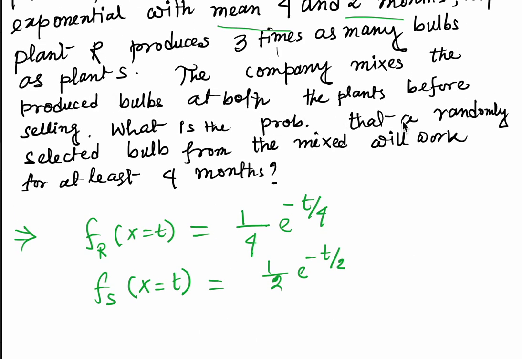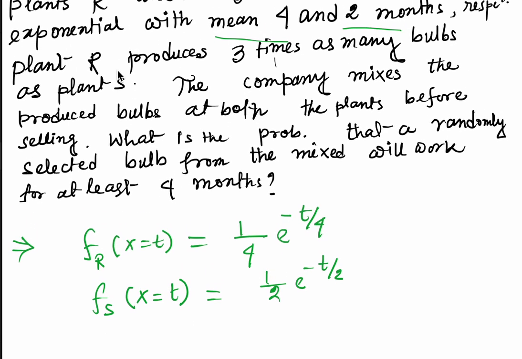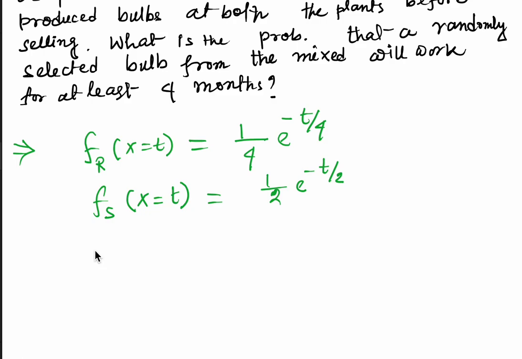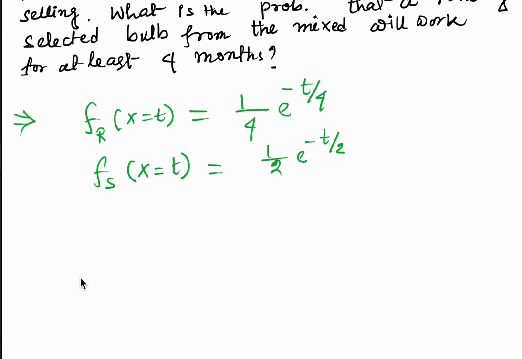And what is the probability of producing a bulb from the plant R?